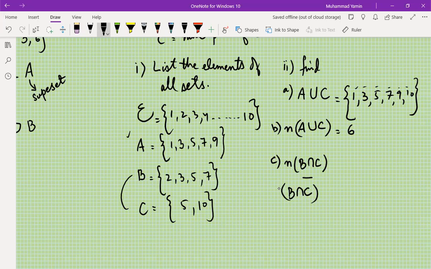We can see that only 5 is common in both. So we write 5 here. And that should be written in the set because it is a set. But now the answer is n of B intersection C. So we should count the elements of this, that is 1, and we write here as 1. That will be your answer.